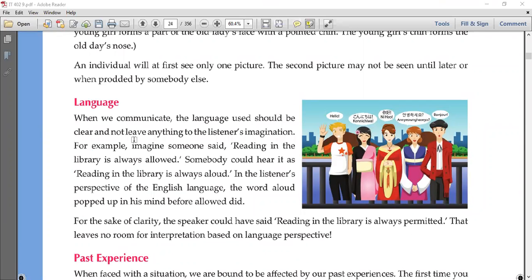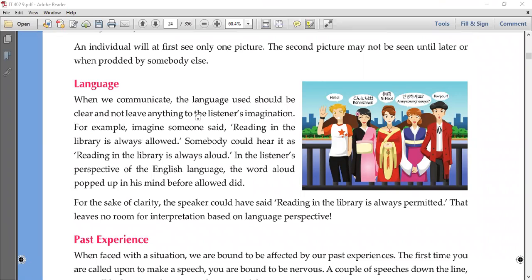Then language can also do different things, like language also changes the perceptions. When we communicate, the language should be clear and not leave anything to the listener's imagination, right? So for example, imagine someone saying reading in the library is always allowed, right?